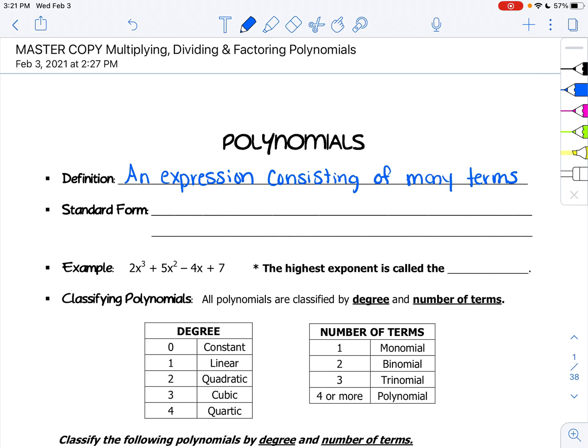And when we work with polynomials, we want our polynomials in our final answer to be in what we call standard form. This means that the polynomial is written in alphabetical order with the highest exponent first.